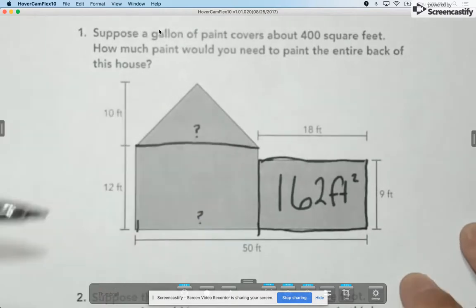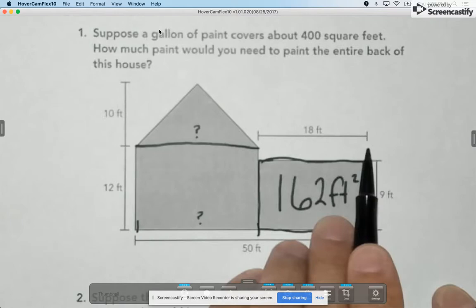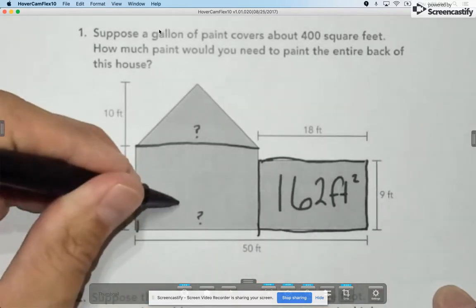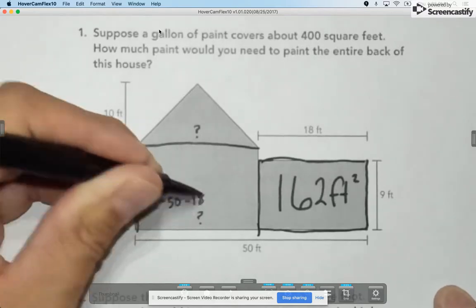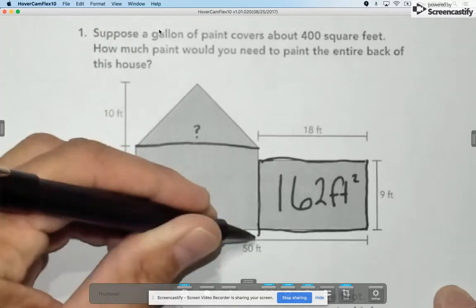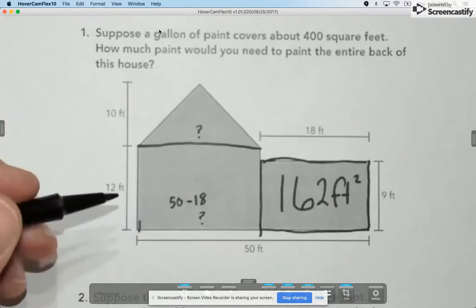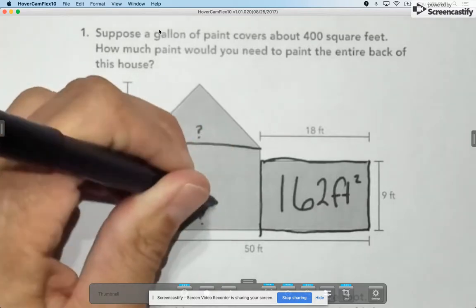To figure this out, I know that the whole thing is 50 feet, and from here to here it's 18 feet. That means the question mark dimension is going to be 50 feet minus the 18 feet, and that'll be the same up here because this line and this line are parallel to each other. And 50 minus 18 is going to equal 32 feet.